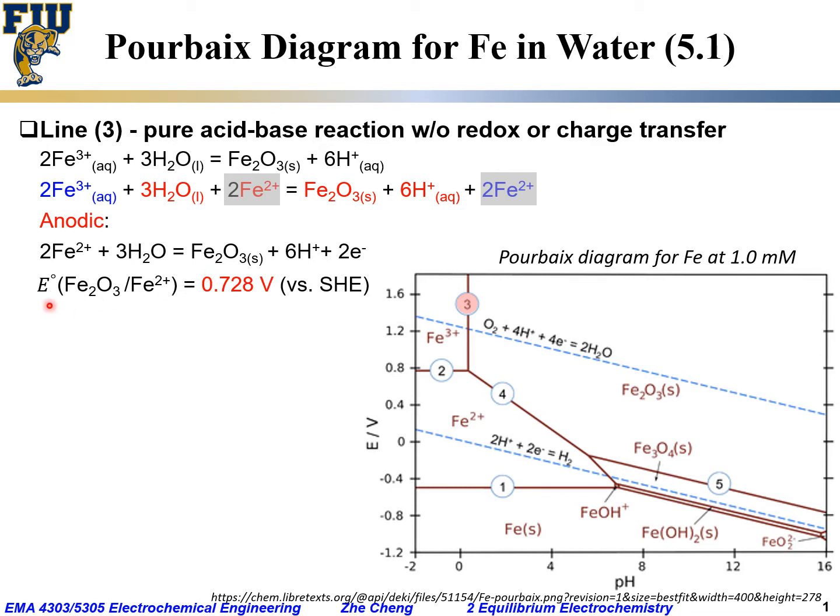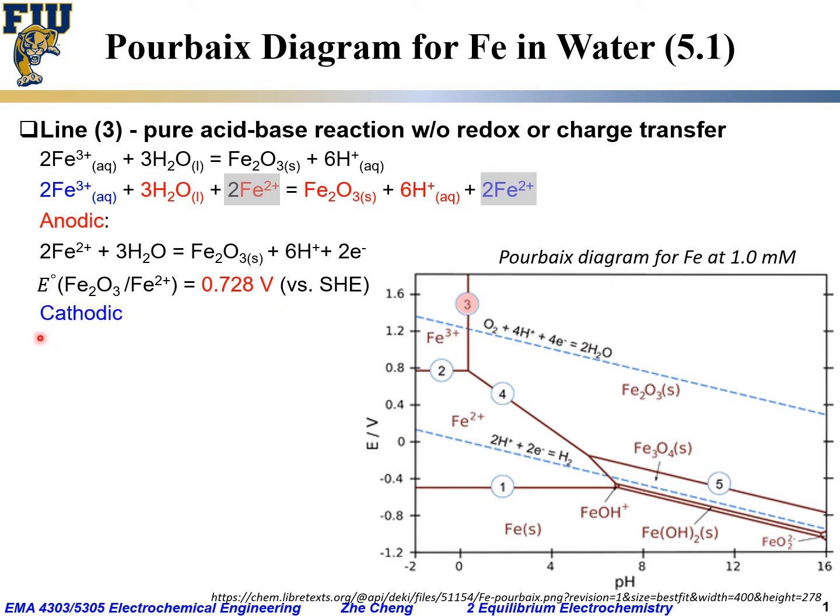Okay, and if you check the standard electrode potential series, the standard electrode potential for this anodic half-cell reaction would be 0.728 volt versus SHE.